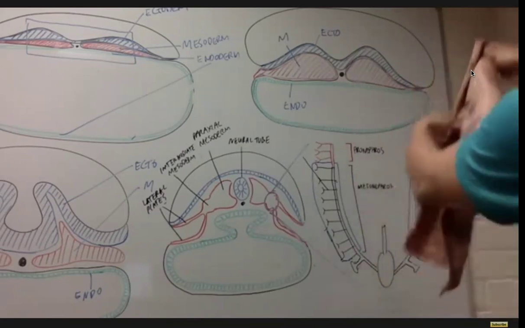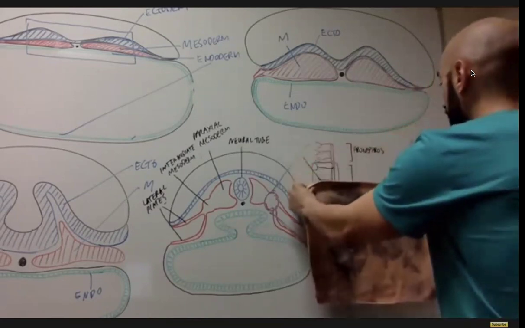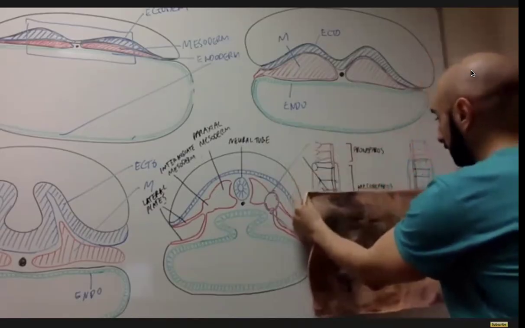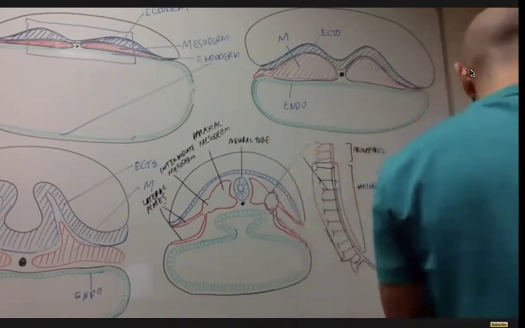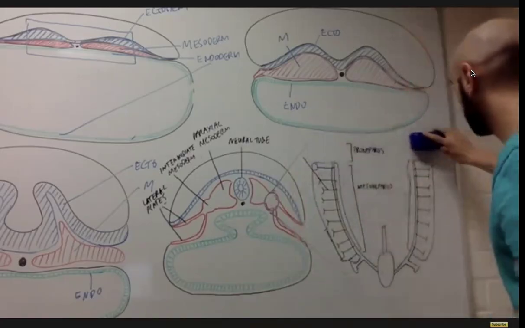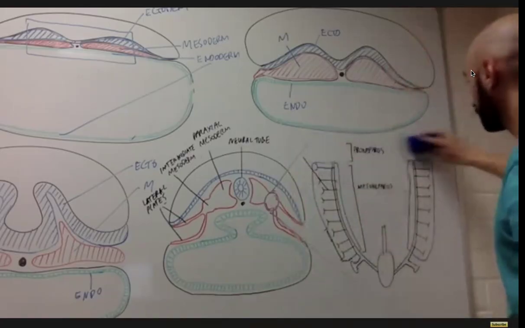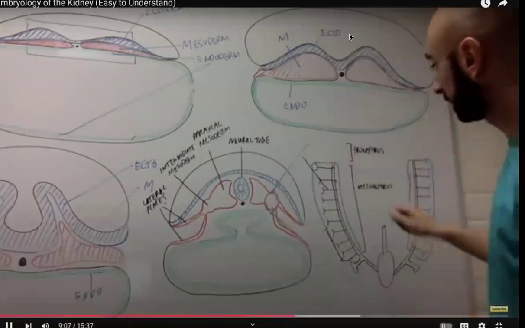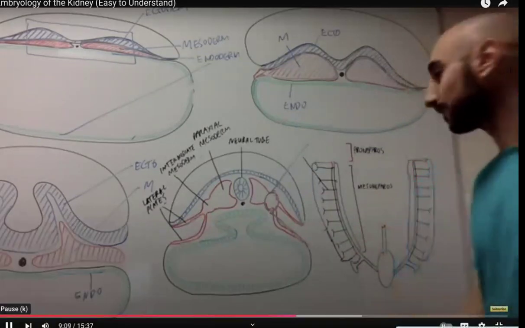So as the mesonephros is being developed, the pronephros is degraded away and is no longer, because it's a rudimentary structure. It's only temporary and is the first stage of the kidney development.